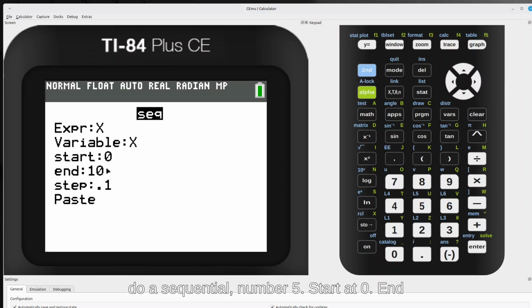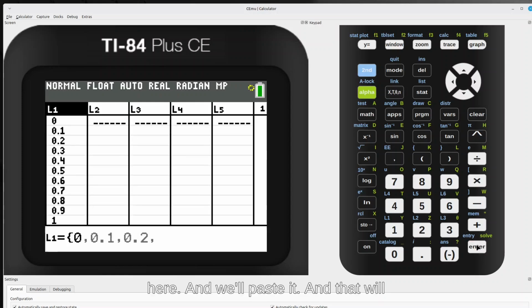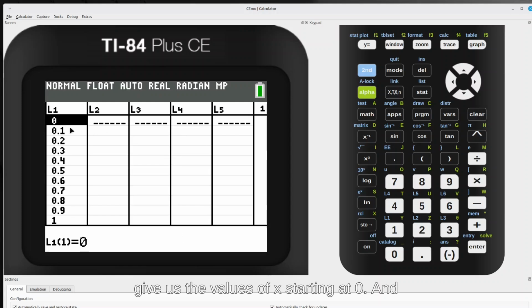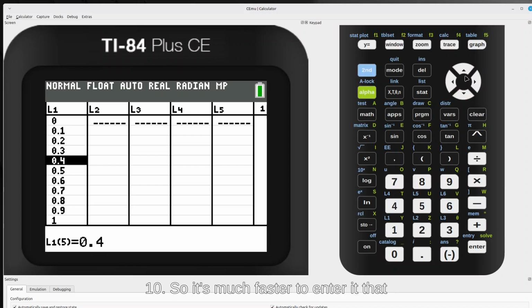Start at 0, end at 10 with a step of 0.1. So the x that you want to enter is this x here, and we'll paste it. That will give us the values of x starting at 0 and going 0.1 each time all the way to 10. So it's much faster to enter it that way than to do it by hand.